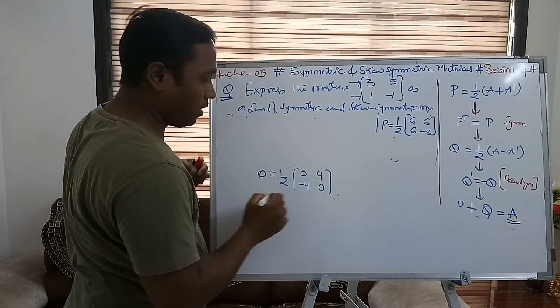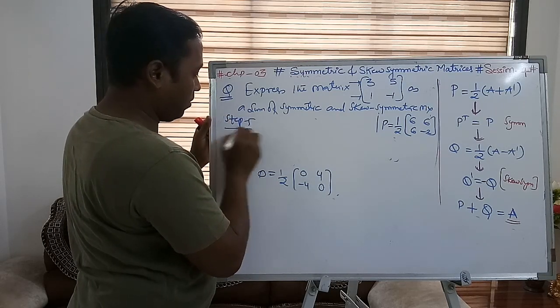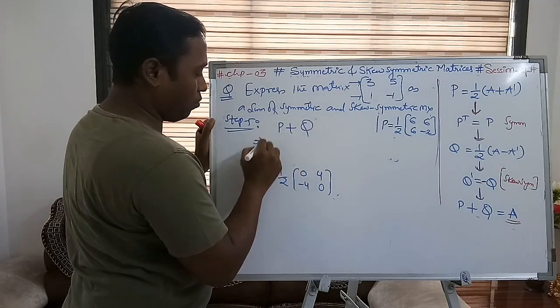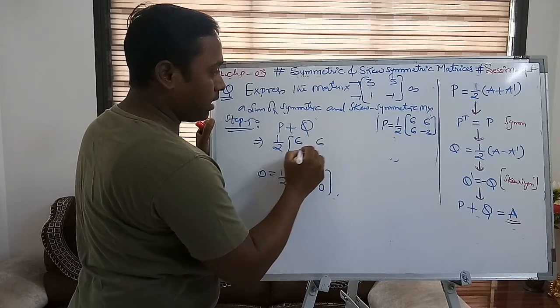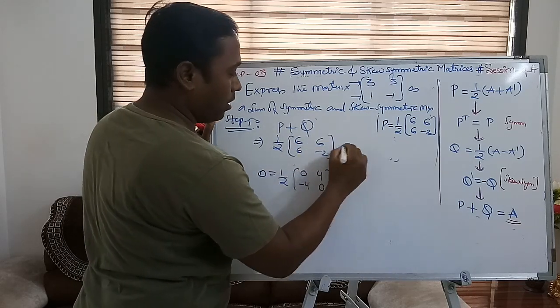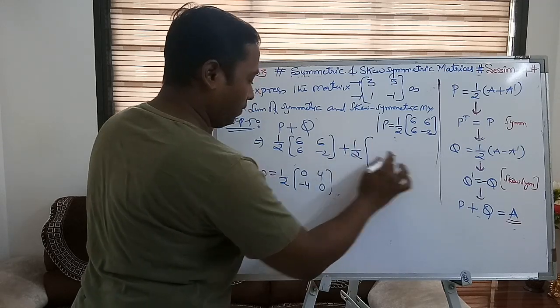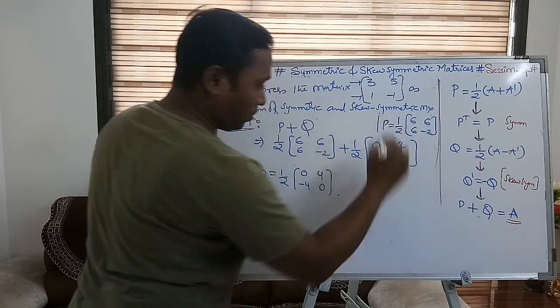Now this is step 5. What I am going to do is just add the results. What is P? Half of 6, 6, 6, minus 2. What is Q? Half of 0, 4, minus 4 and 0.